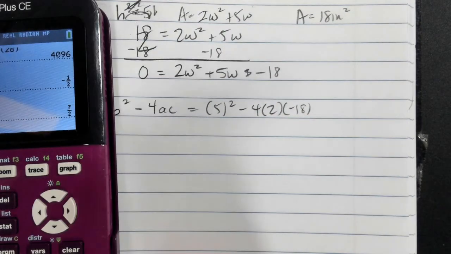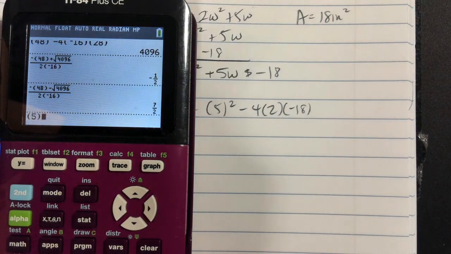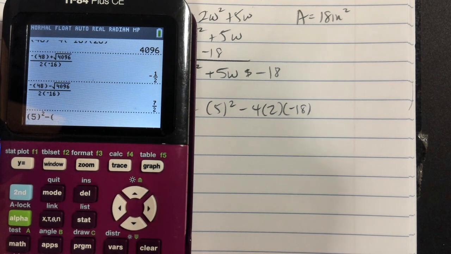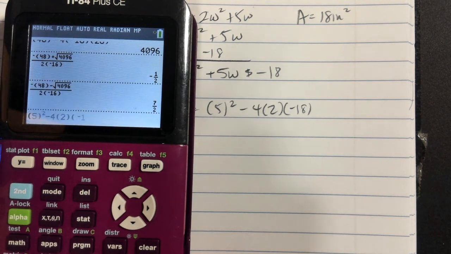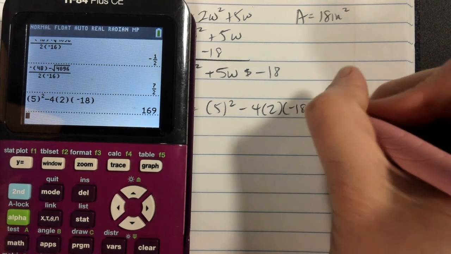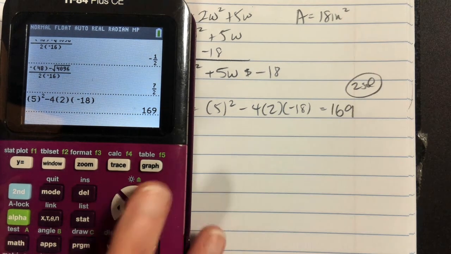And then when I put that into my calculator, 5 squared minus 4 times 2 times negative 18, I get 169, which means I have 2 solutions.